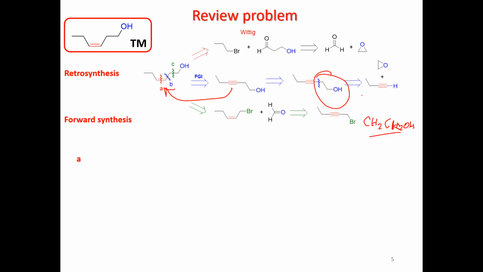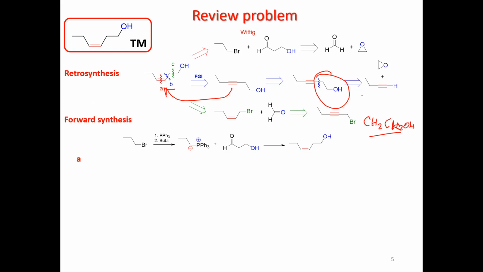Pathway A, the red one. Let's do the forward synthesis. You get your unstabilized ylide. You attack your carbonyl. It's very selective.